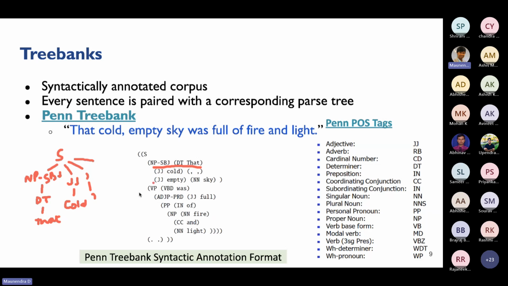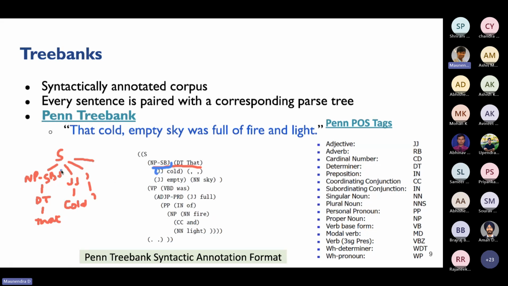So I made a mistake here. Sir, shouldn't the JJ be connected to NP-SBJ? So this starting bracket is inside this NP-SBJ. Yes, we are currently expanding this part. For NP-SBJ, this opening parenthesis has not been closed yet. So it's parenthesis matching also which goes on between.